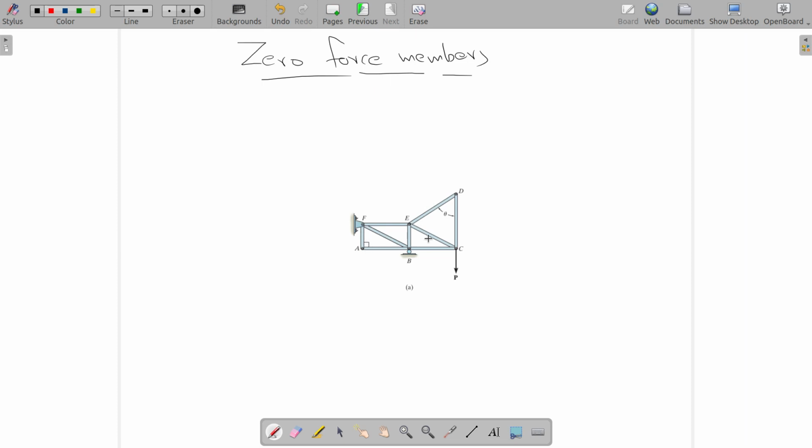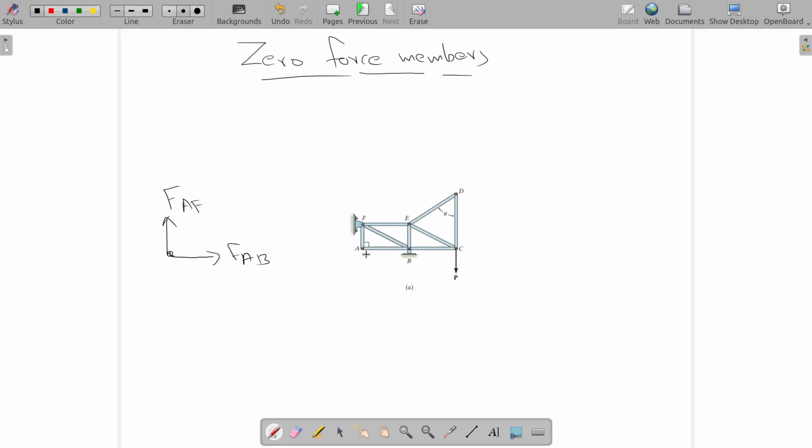But here, if you do that, you will see that many member forces are 0. Here P is the external force. Irrespective of the value of P, let's consider joint A. For joint A, you have FAB in this direction and you have FAF here, right?